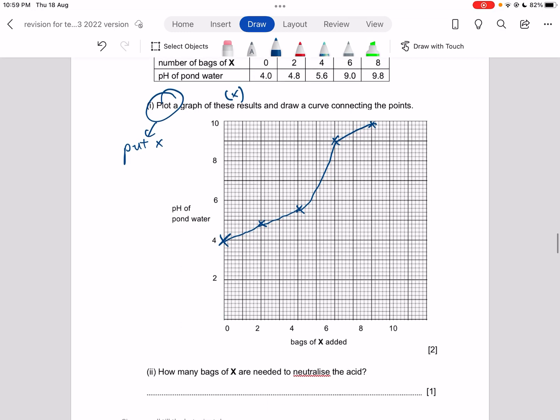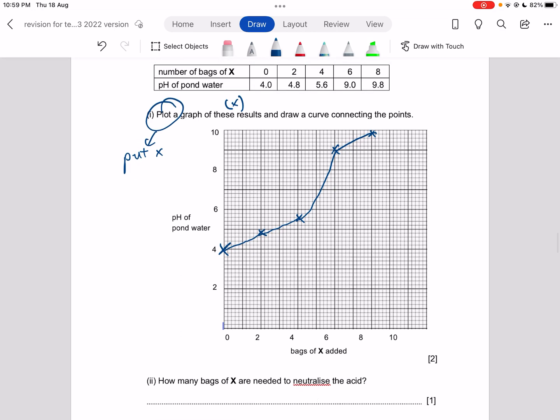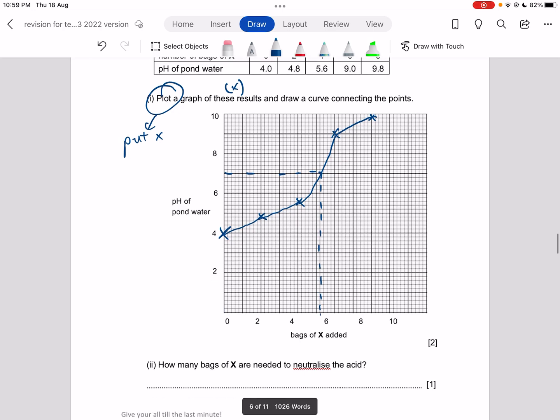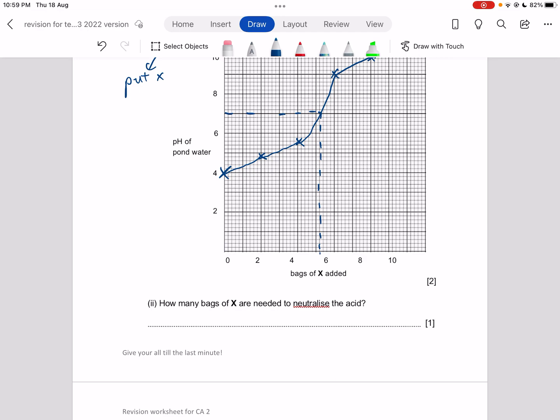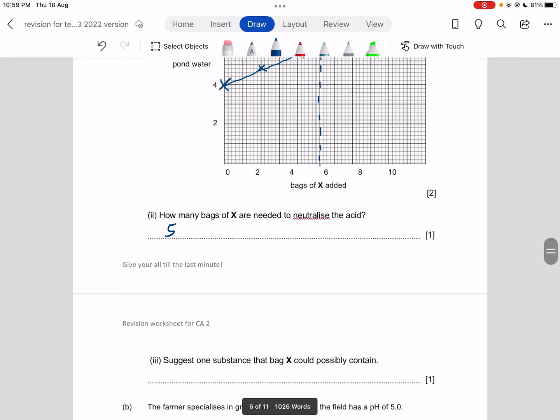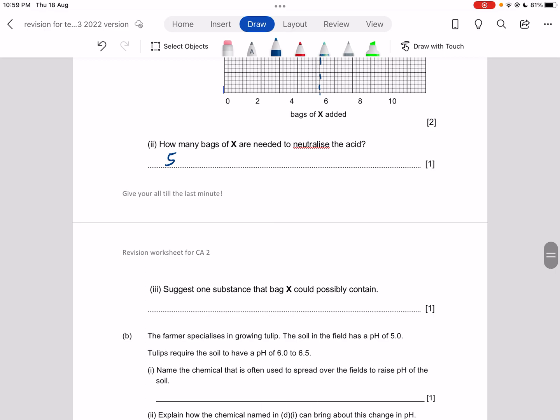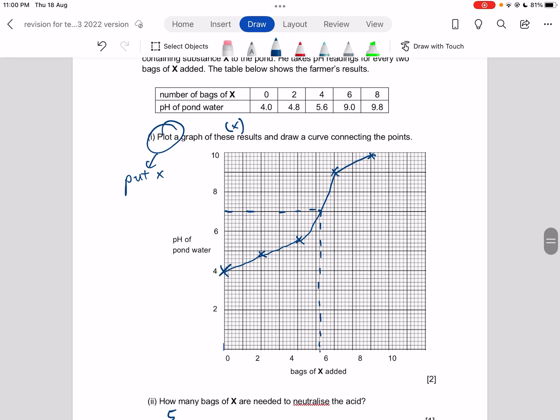So how many bags are needed to neutralize this acid? So let's look at pH 7. In this case it feels like 5 bags. Okay, it has to be a whole number of bags. So suggest one substance that bag X could possibly contain.